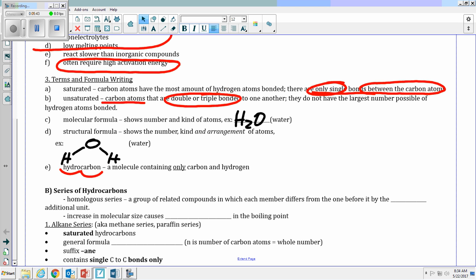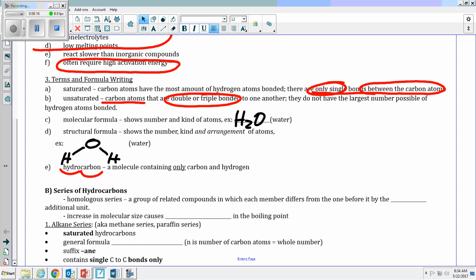Good. Then we have on the bottom of this page the start into looking at different types of hydrocarbons. So you were looking at organic compounds because they're carbon compounds. We're looking at hydrocarbons because these specific carbon compounds only contain carbon and hydrogen atoms in their molecules. And we find that we can sort these hydrocarbons into what is called homologous series.